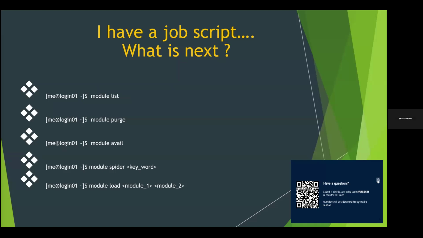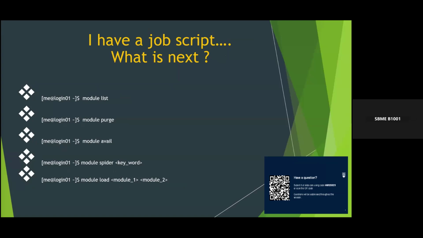So use keywords to look for the software you are interested in. Module spider with these keywords will give you what is available, what the choices are, what is matching. And of course, it will then give you all the dependencies which you have to use to load this particular module. So as soon as you find the modules you would like to use, module load module 1, module 2, module 3, module 4. Boom, your software stack, your software layer, is available for you.